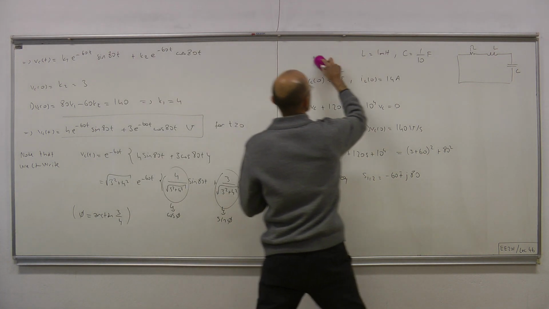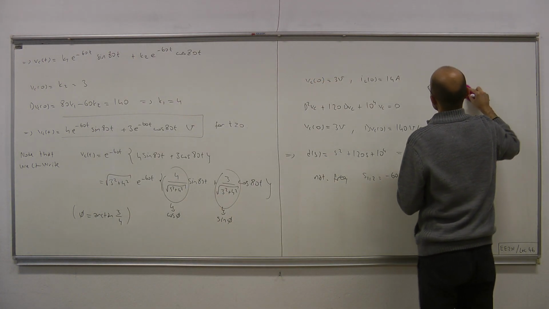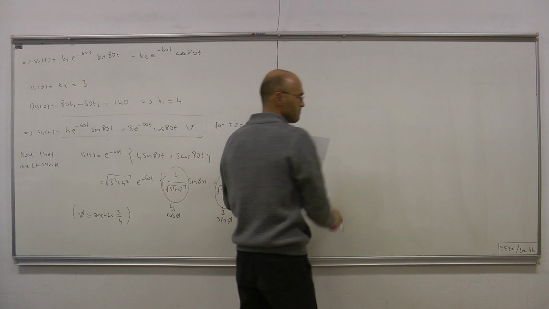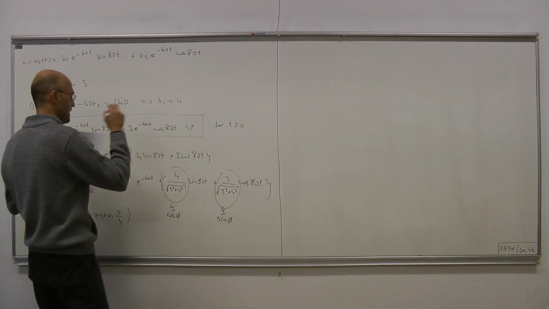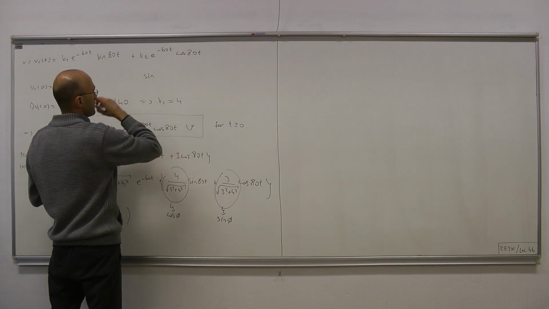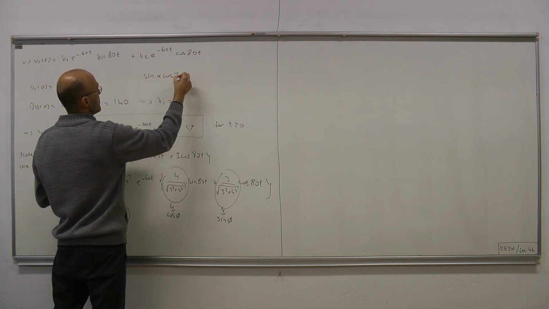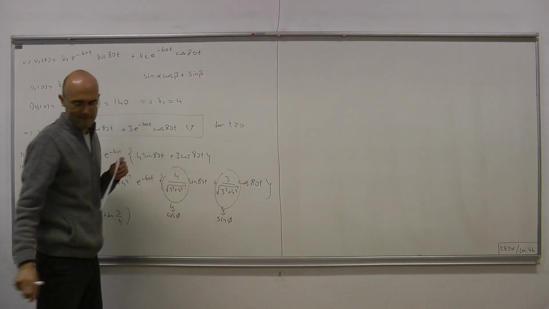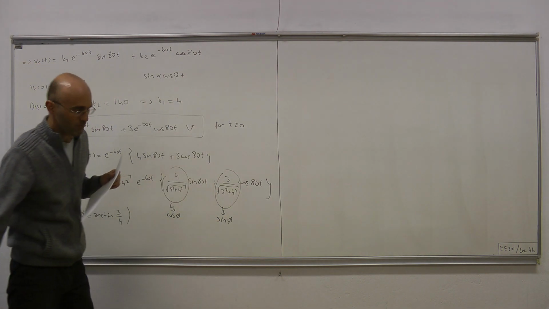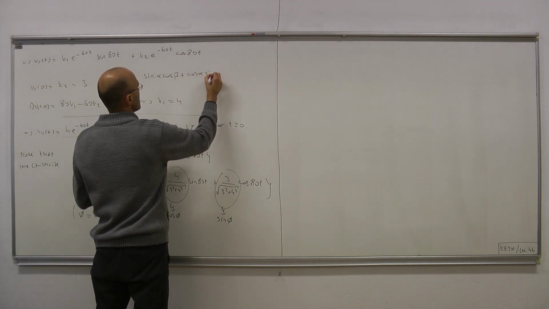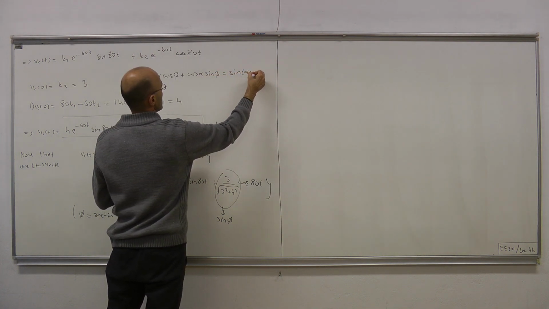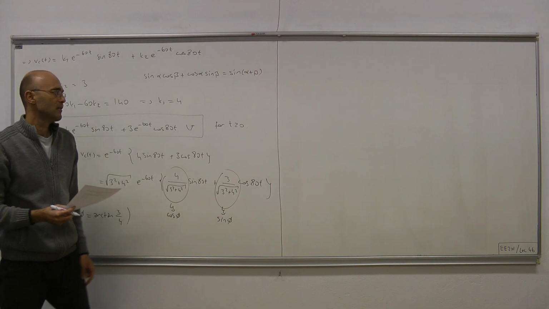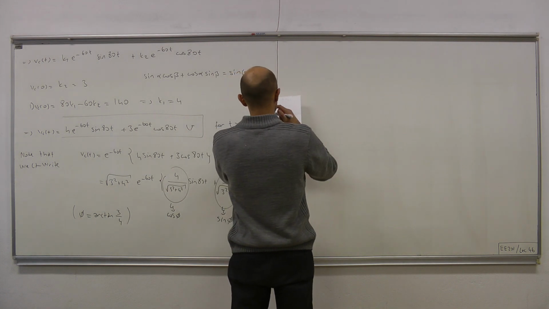Hence, by using the trigonometric identity, sine alpha cosine beta plus cosine alpha sine beta equals sine of alpha plus beta, we can rewrite this sum of terms as a single sinusoidal function.